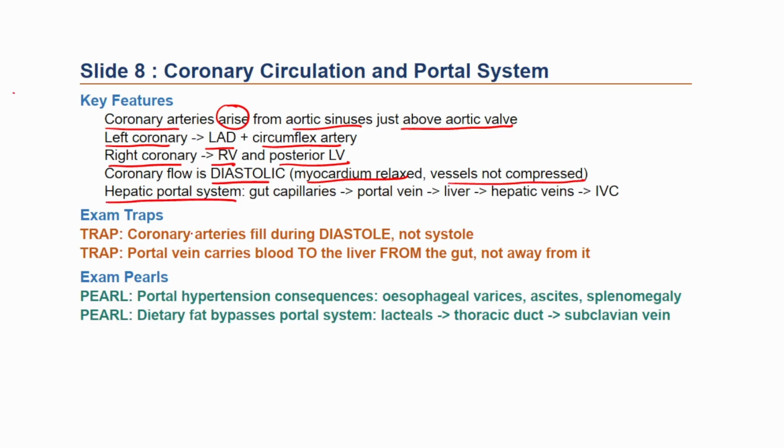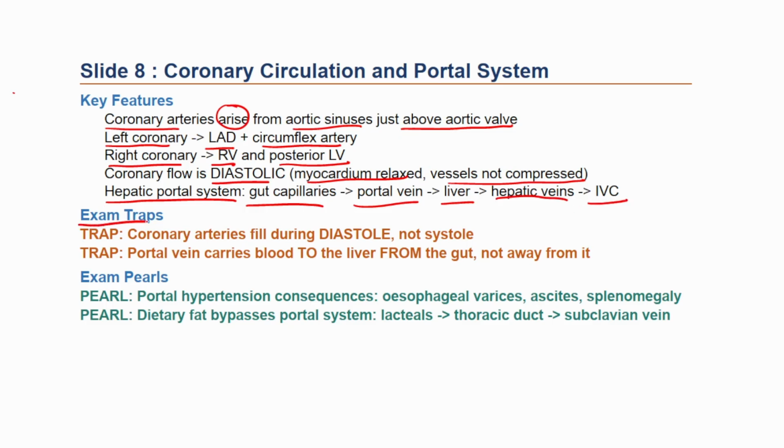The hepatic portal system is a specialized macro circuit which functions as a strict inline sequence. In this system, blood travels from gut capillaries into the portal vein and moves into the liver capillary bed, which drains into hepatic veins and finally enters the inferior vena cava.